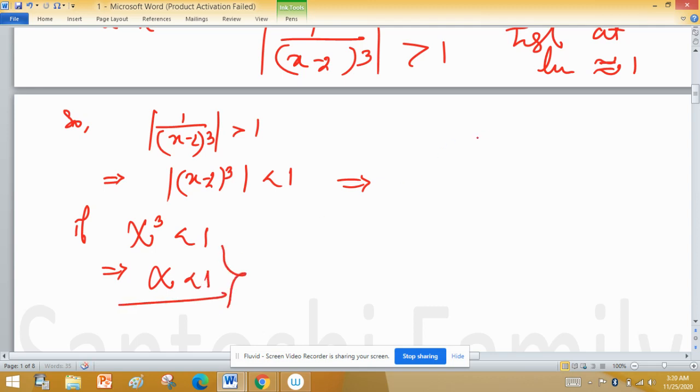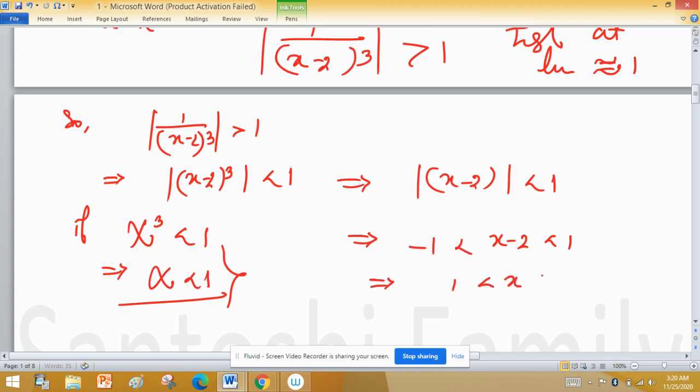Use this fact. This implies mod of x minus 2 is less than 1, and this implies minus 1 less than x minus 2 less than 1. This implies 1 less than x less than 3. Now we have found that the interval (1, 3) is an open interval, because the endpoints are not included here. X belongs to this interval; this series will converge, we can assertively say.